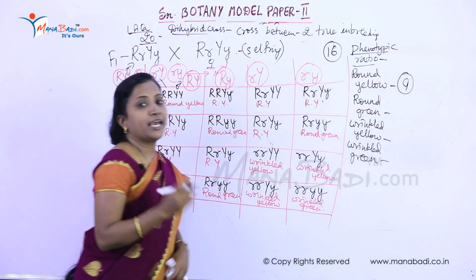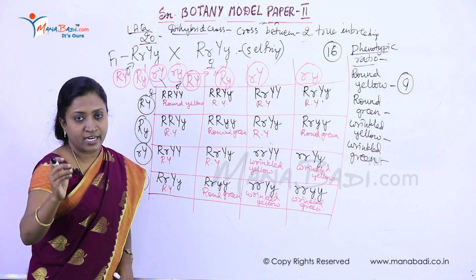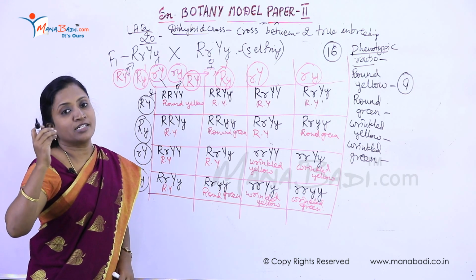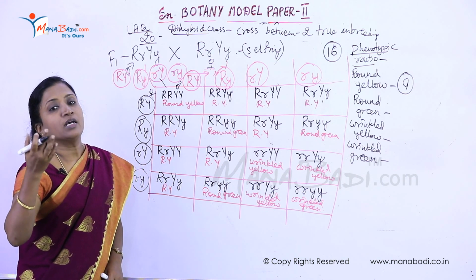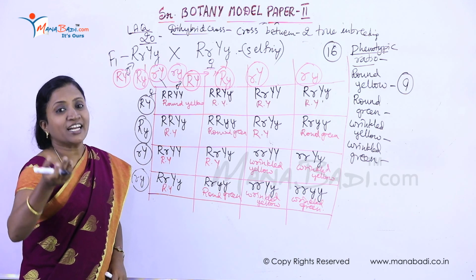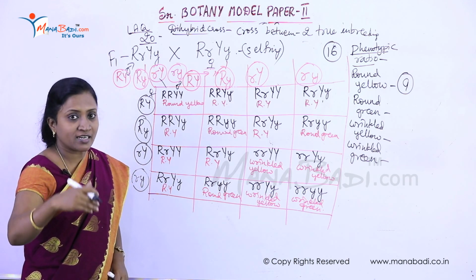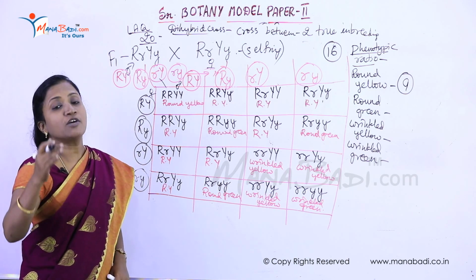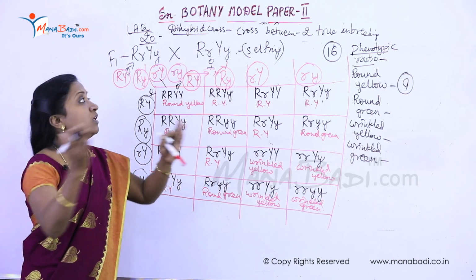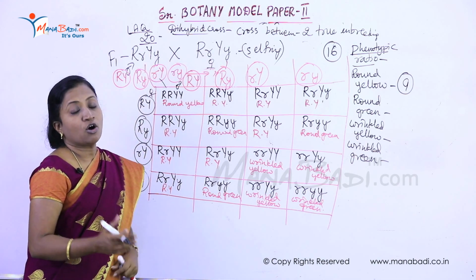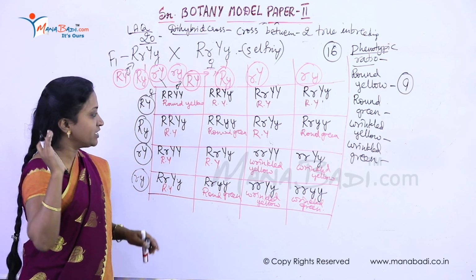Nine round yellow offspring are there, which are formed in the second filial generation, as a result of the selfing of the F1 generation.